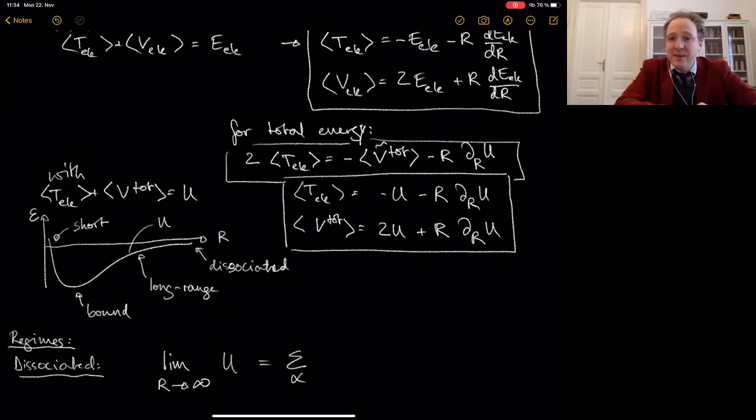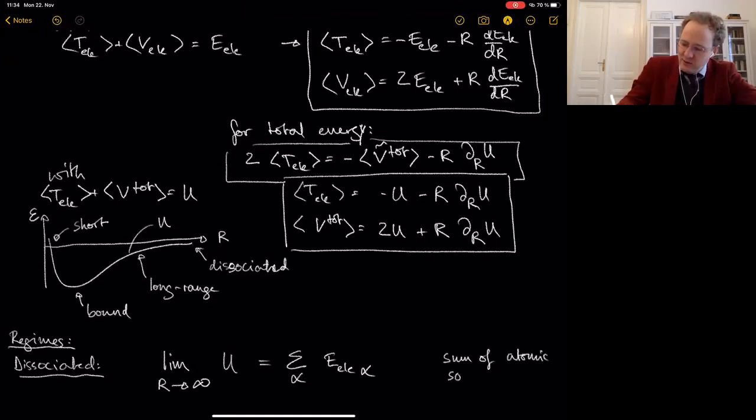But in the limit of infinite distance, there's no nuclear repulsion anymore, right, between the atoms. So it's simply the sum of electronic energies for each atom alpha. Right? So it's the sum of atomic solutions.